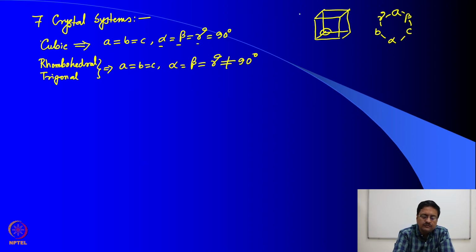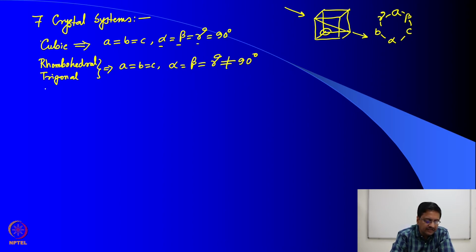This is possible if you apply a certain amount of force along the body diagonal of a cube and the cube gets distorted. So, when the cube gets distorted, the edge lengths do not change, but the internal angles will change, get distorted, and they will be deviated from 90 degree. So, that particular shape is called the rhombohedral or trigonal unit cell.